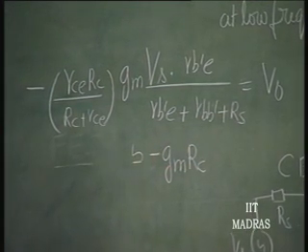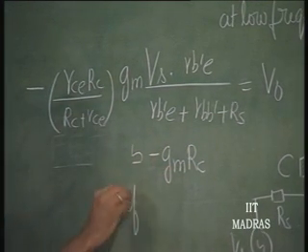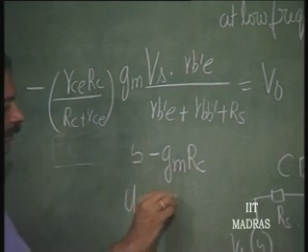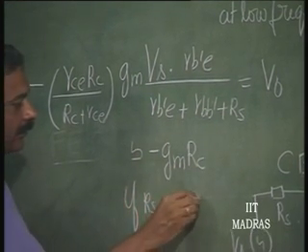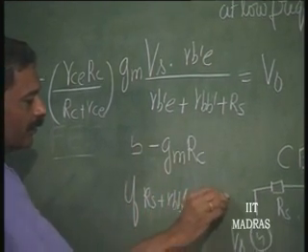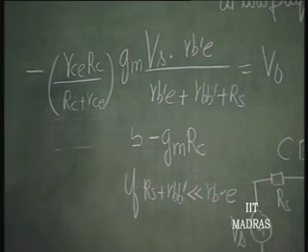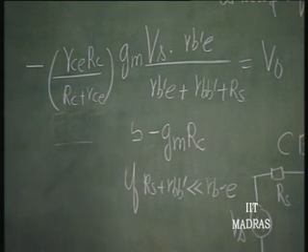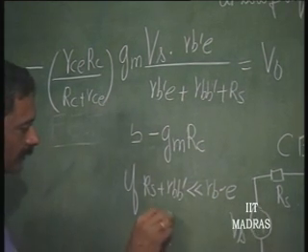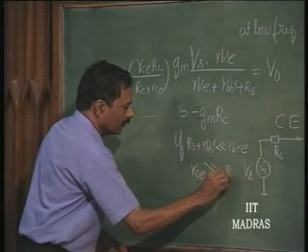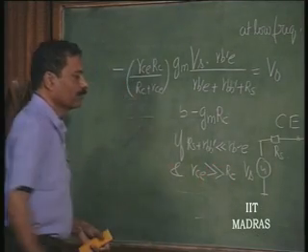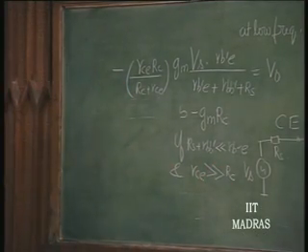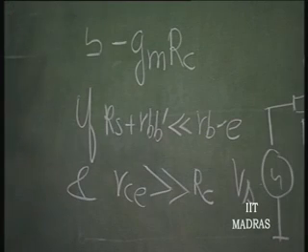Okay. That is if RS plus RBB' is much less than RB'E, which is the case most of the time when you are using a voltage source drive. Okay, the gain of the amplifier and then RCE is much greater than RC. This is the normal gain of a common emitter amplifier.